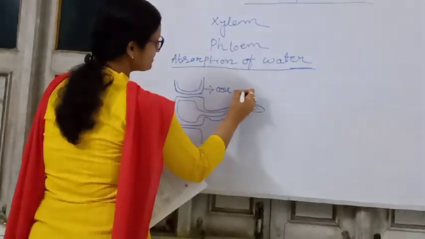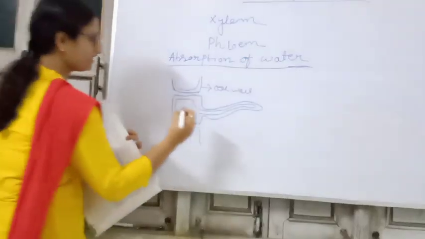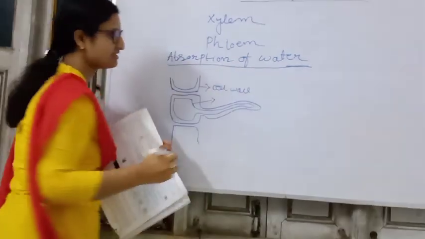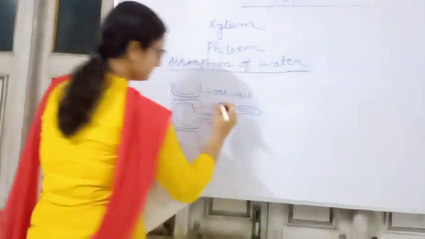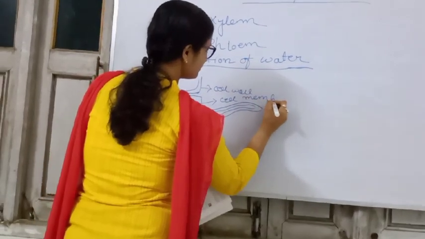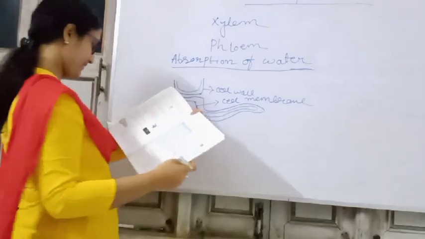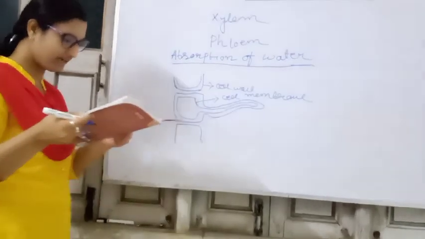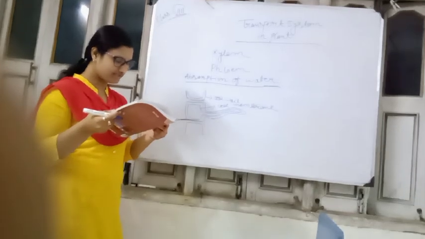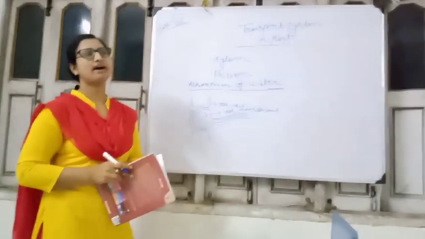You know the plant cell wall is present, and inside it is the cell membrane. The cell membrane of the root hair acts as a semi-permeable membrane.